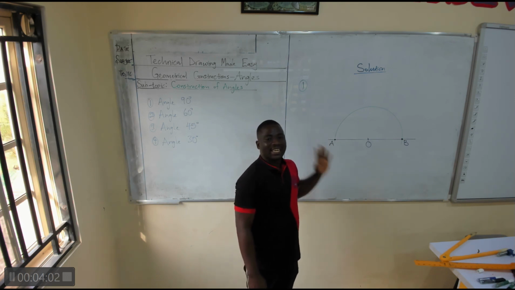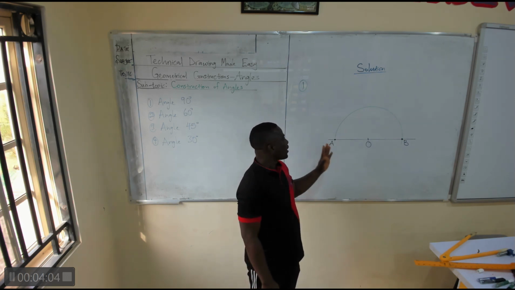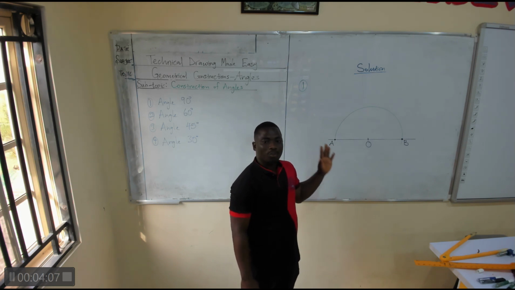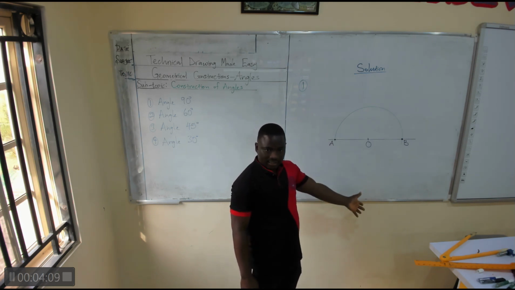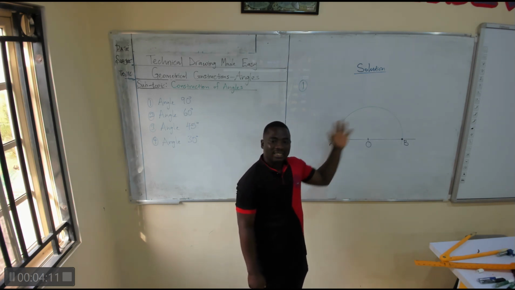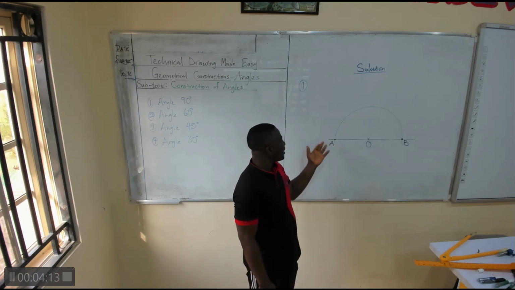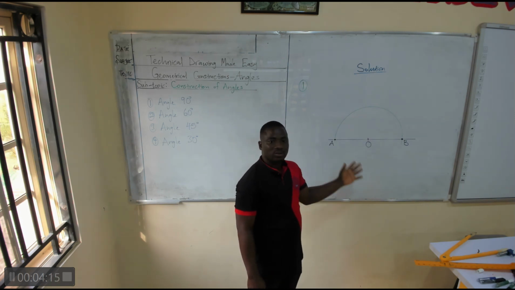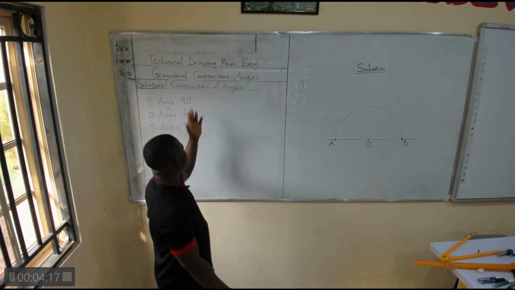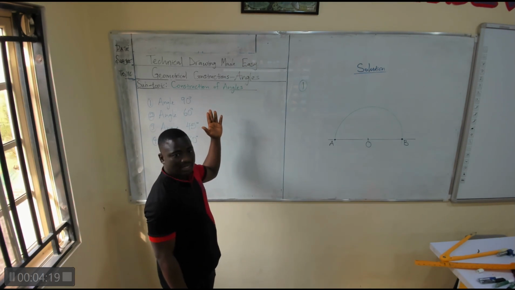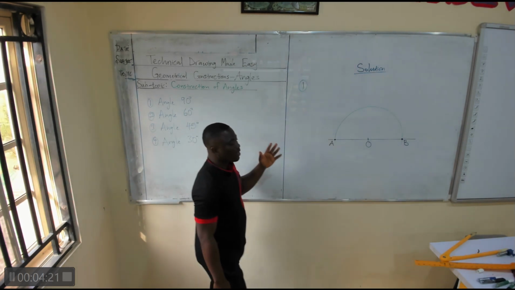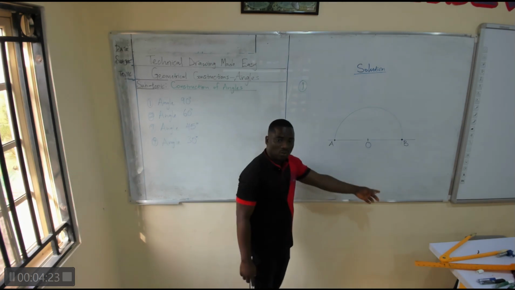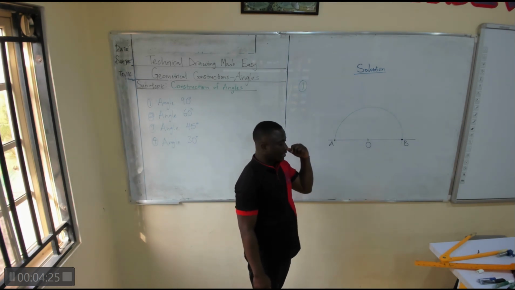That is also 180. So to get 90, we need to bisect 180, which is on a line and a semicircle. So we are using the line with the semicircle to get angle 90 degrees. Do you get that now? So how do we bisect the angle 180 to get 90?